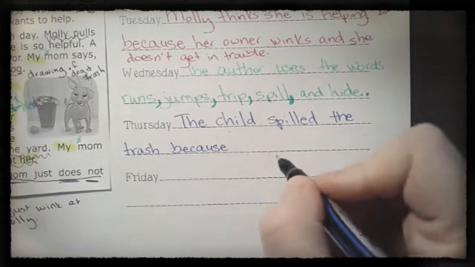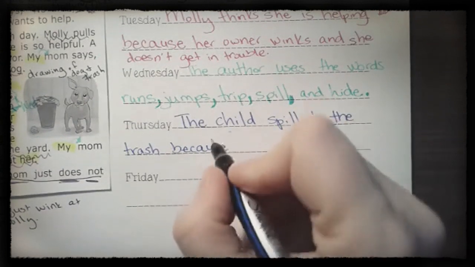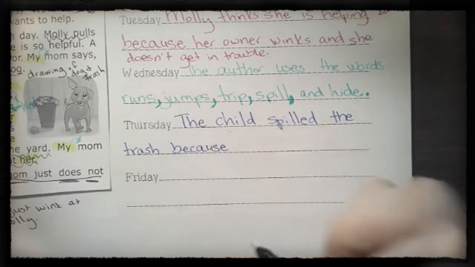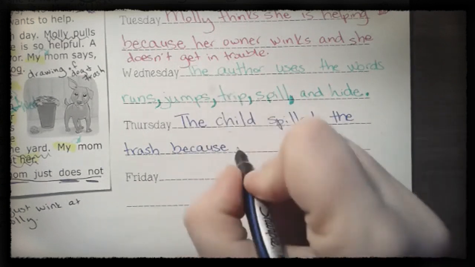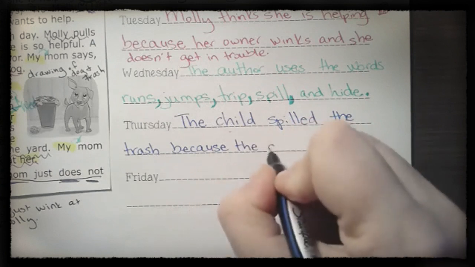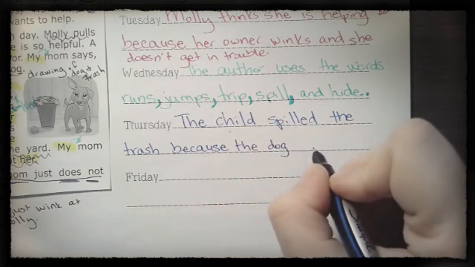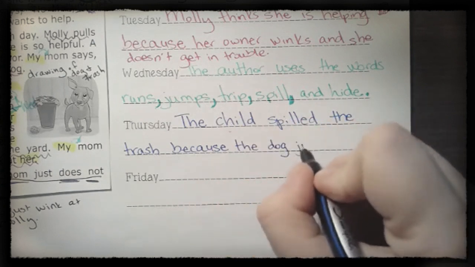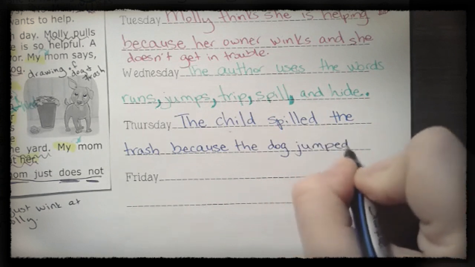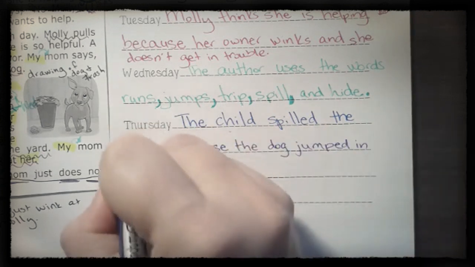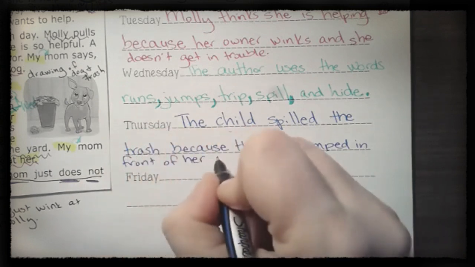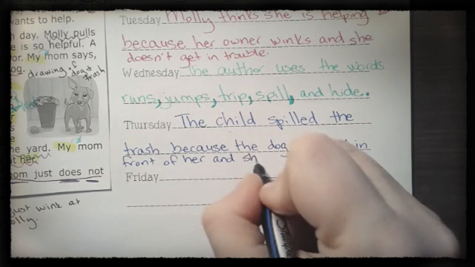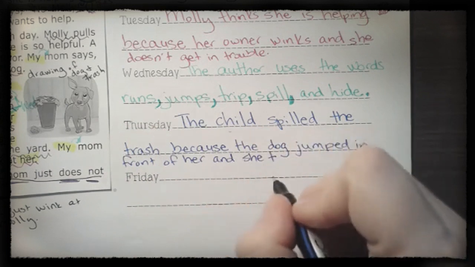Because I am super smart and want all the credit, I'm going to say the child spilled the trash because both. The child spilled the trash because the dog jumped in front of her and she tripped.